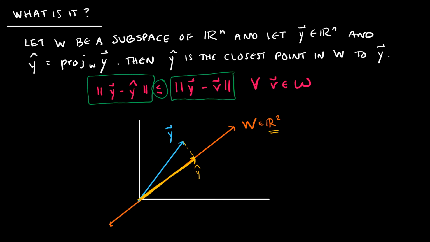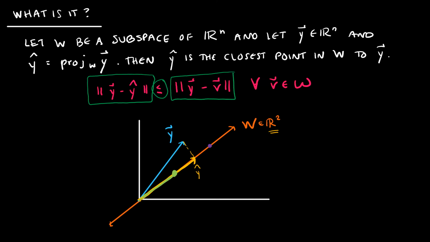Let's say I have some vector all the way out here. I can see that the distance between Y and that vector is greater than the distance previously found between Y and Y hat. I can do the same thing with one that is shorter, say this guy right here.